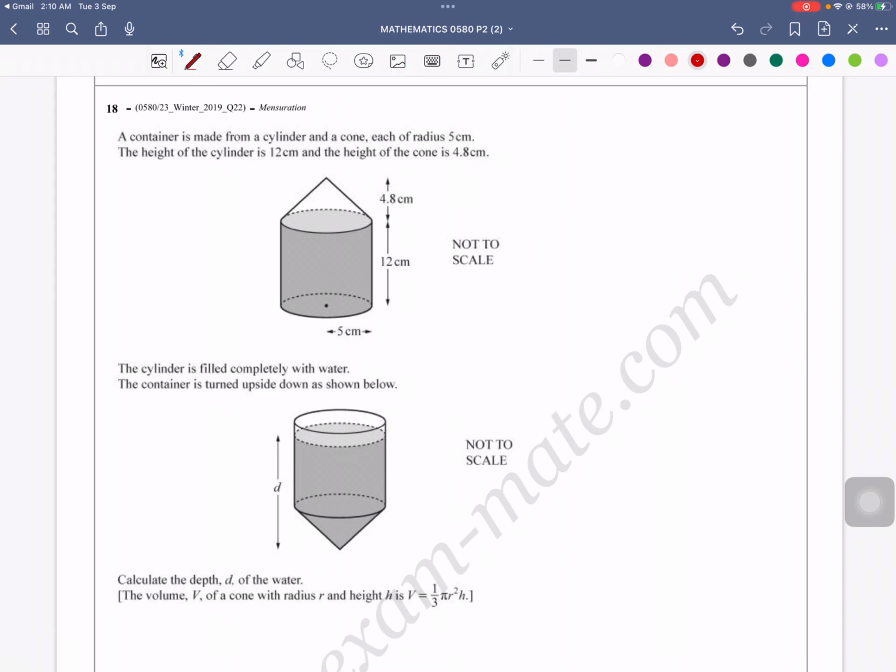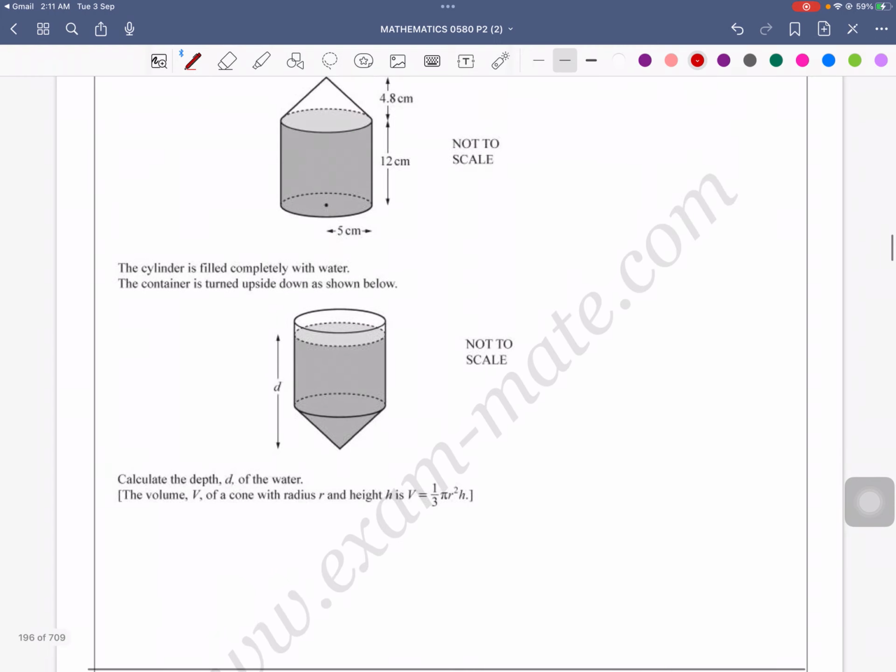They are saying a container is made from a cylinder and a cone, each of radius 5 centimeter, right? So both cone and the cylinder have a radius of 5, right? And the height of the cylinder is 12 and the height of the cone is 4.8. The cylinder is completely filled with water and the container is turned upside down, right?